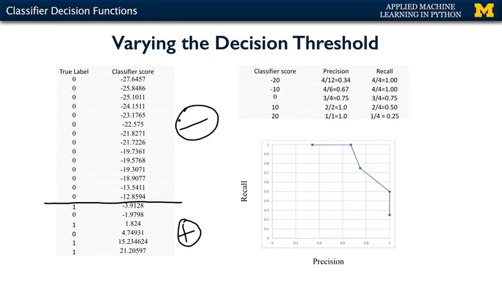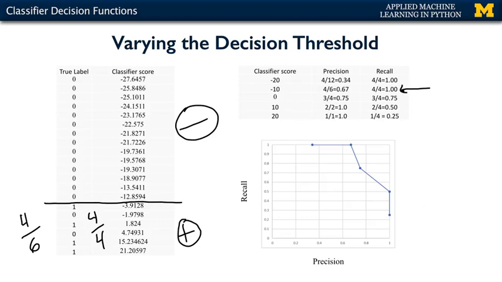We can see here that there are a total of 6 instances in the positive prediction class, of which 4 are actually of the positive class. And so the precision here is 4 over 6, or about 0.67. And again, the recall here is going to be 4 out of 4, which is 1.0 again. And so that corresponds to this point in the table over here.